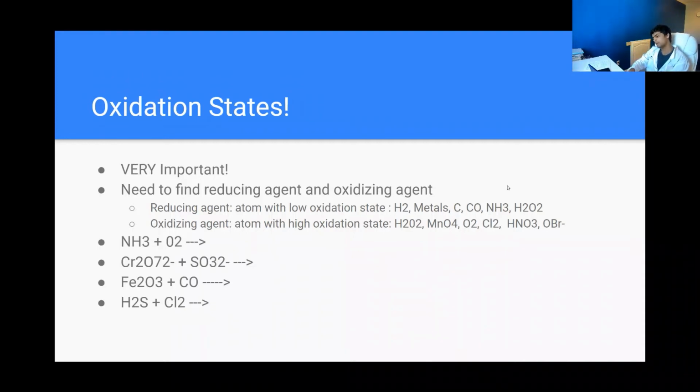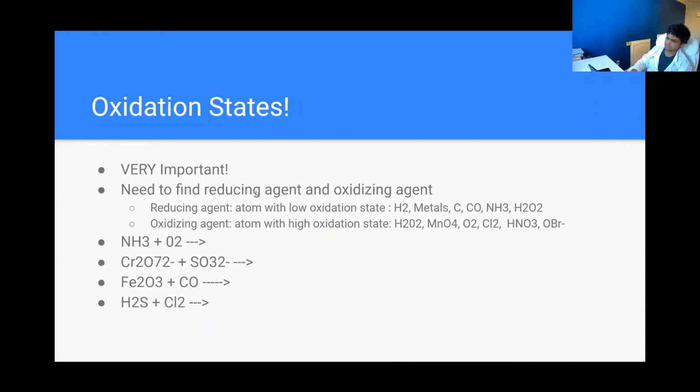So NH3 has an oxidation state of -3, but nitrogen can have multiple oxidation states like 0, -1/3, 2, 4, 5. And H2O2, the -1, can become 0.